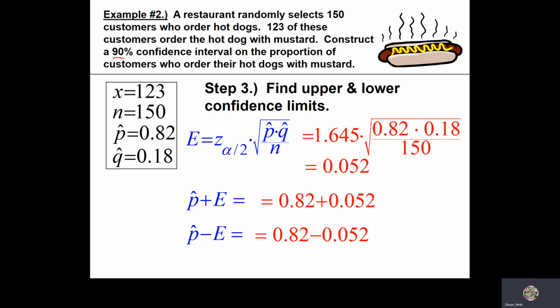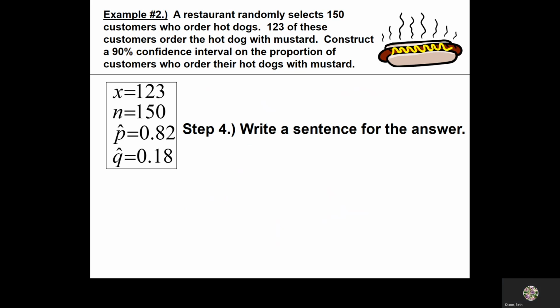So 0.82 plus 0.052 gives me 0.872. 0.82 minus 0.052 gives me 0.768. And that is the lower and upper, or the upper and lower limits.